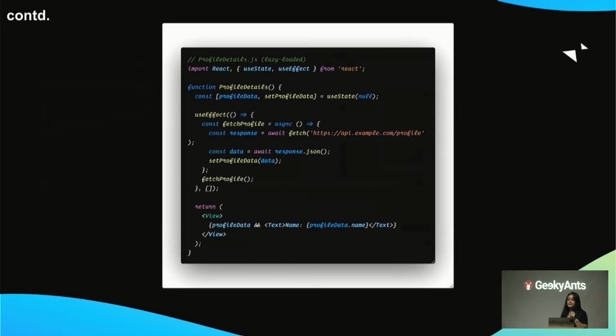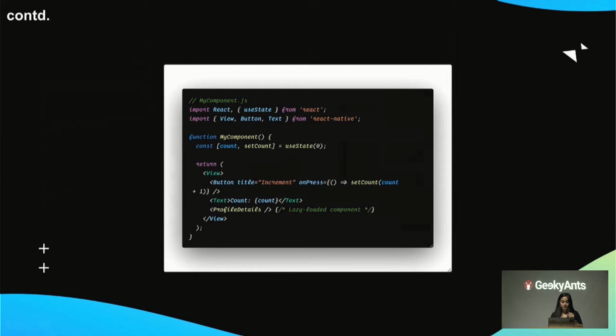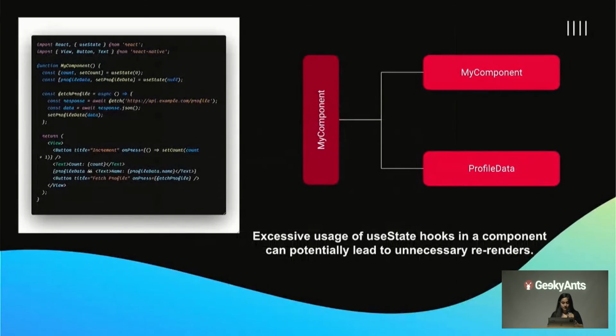Here we can see that profile details is there, and we are trying to get the response from the API and present it over here, right? So what did this prevent? This prevented the change or the refreshing of the count that was over here. In the previous approach, we would have made a change in the count every time we were fetching the data, because it would have reset the states and given it another refresh.